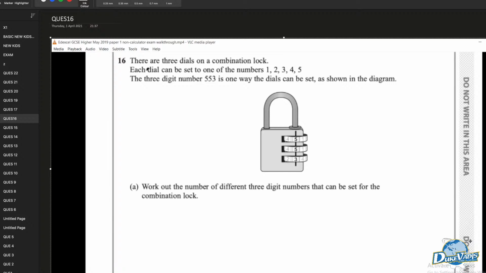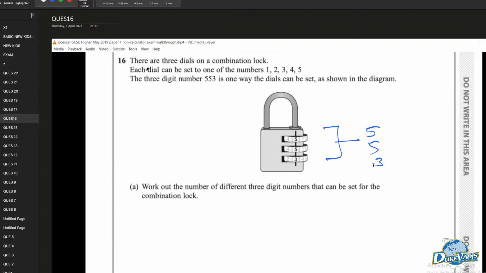The 3-digit number 553, as you can see over here, is one way the dial can be set, as shown in the diagram. Work out the number of different 3-digit numbers that can be set for the combination.